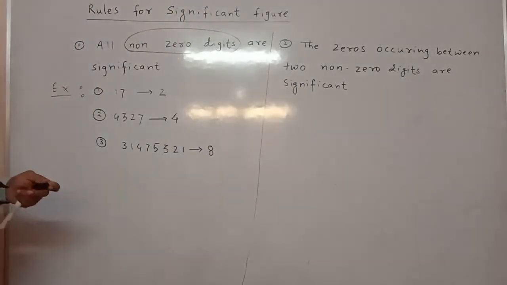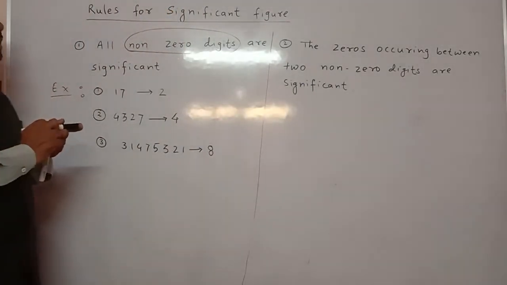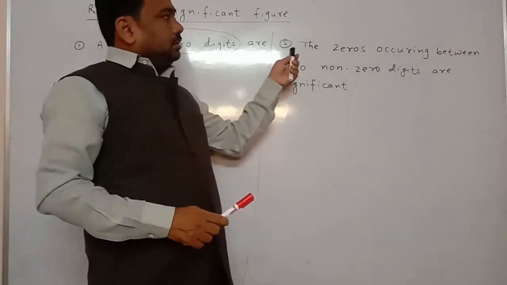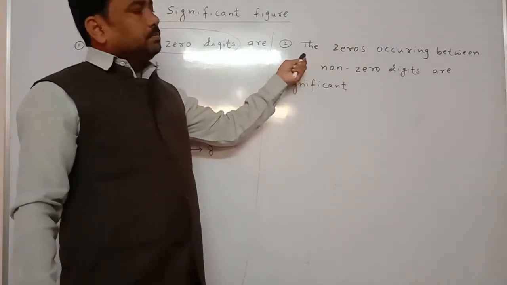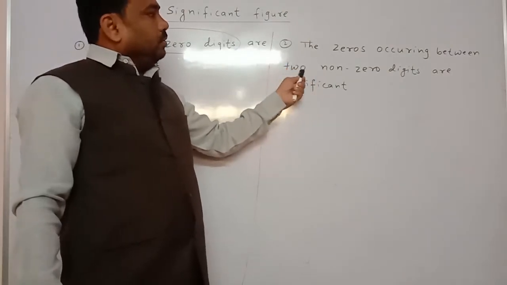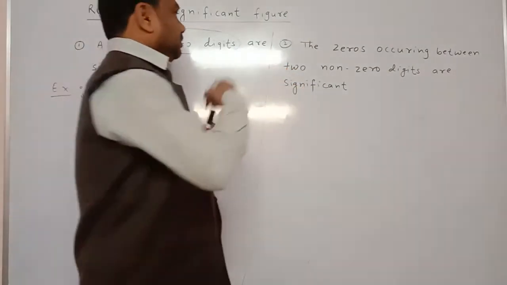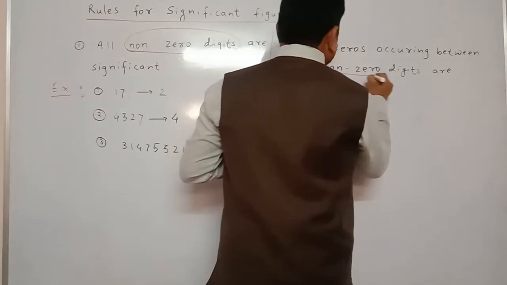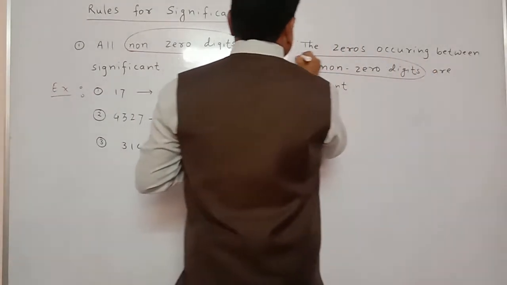According to the second rule, zeros, but those zeros must be in between two non-zero digits. So here two non-zero digits are the most important.